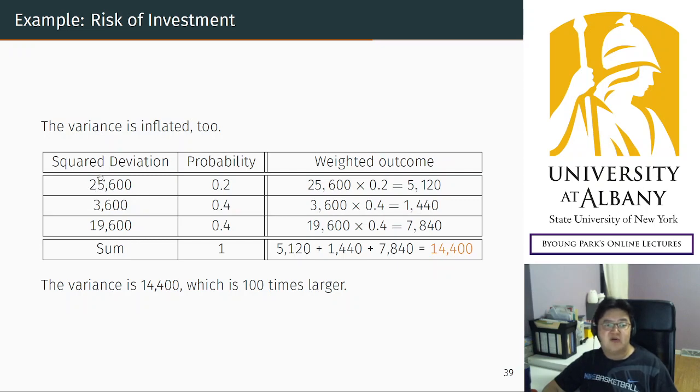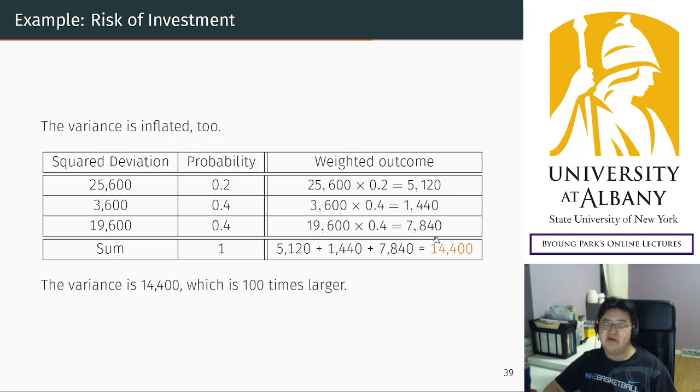So multiply each outcome of square deviations by its probability, and these are probability weighted square deviations. Sum them, that's the variance.